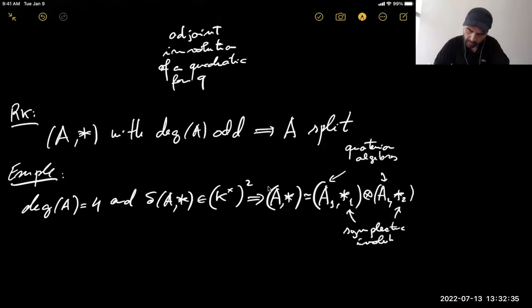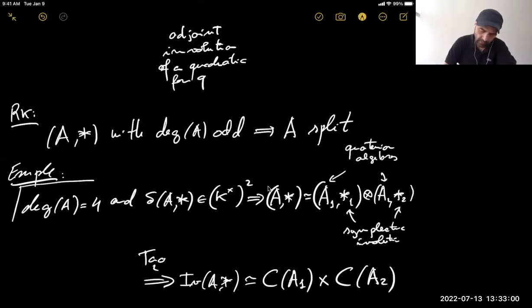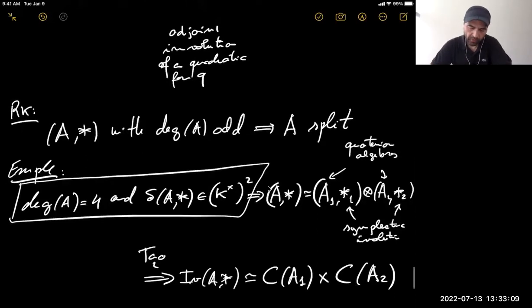And this implies, as explained in this pioneering work of Tao on involution varieties, that in fact the involution variety, in this case, is the product of the quadric associated to this quaternion algebra times the quadric associated with this quaternion algebra. So in other words, in this particular case of degree 4 and trivial discriminant, the involution varieties are products of two quadrics.